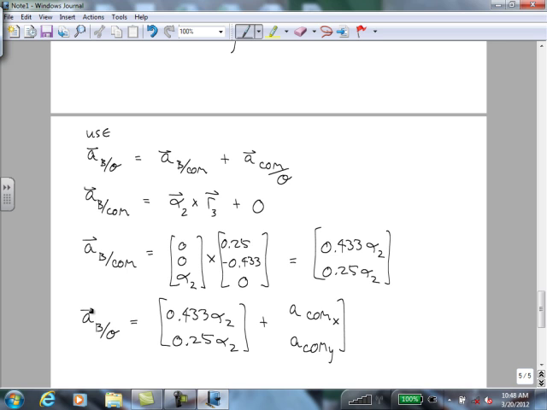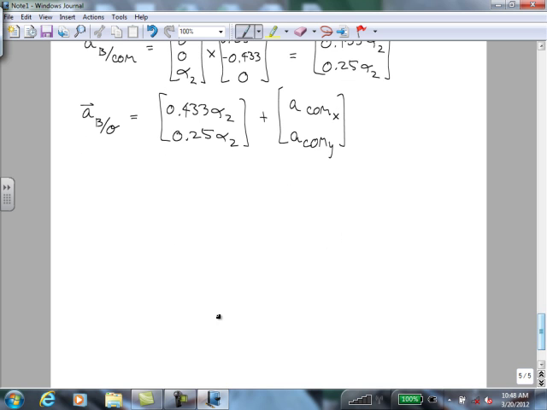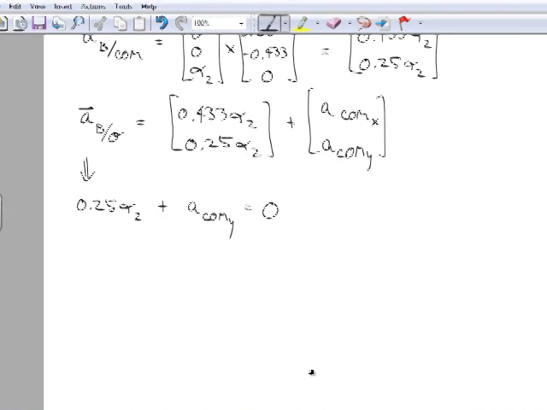Well, that's the acceleration vector at B, but we only want to set the y component equal to 0. So we have that 0.25 alpha 2 plus ACOM y is equal to 0. That's equation 7. And now we have a system we can solve.